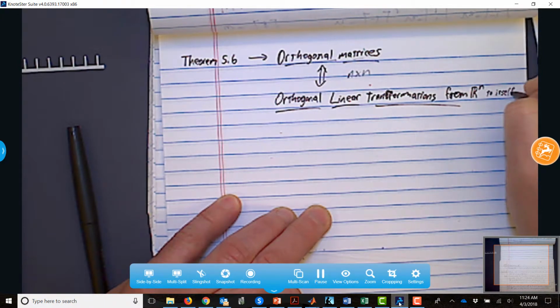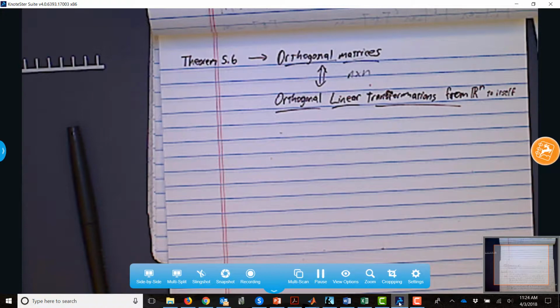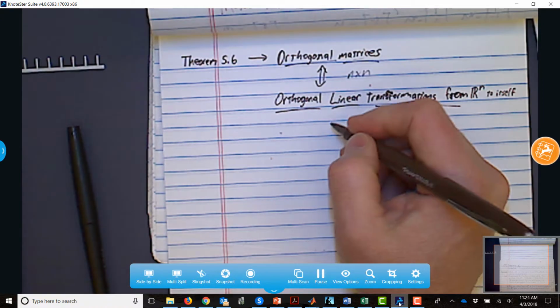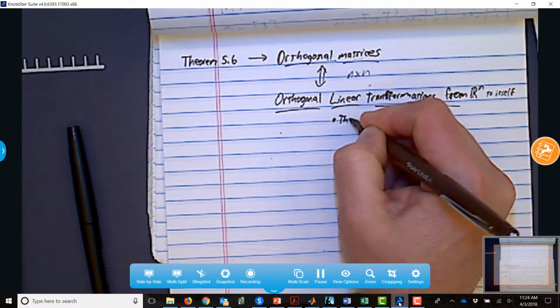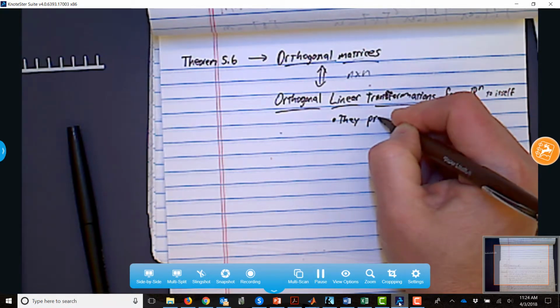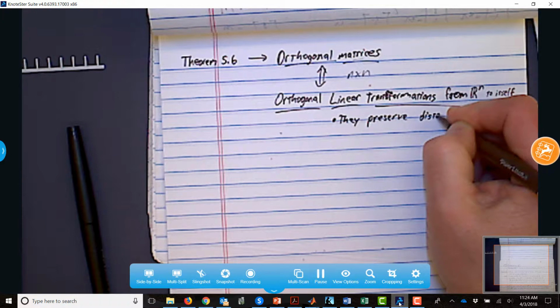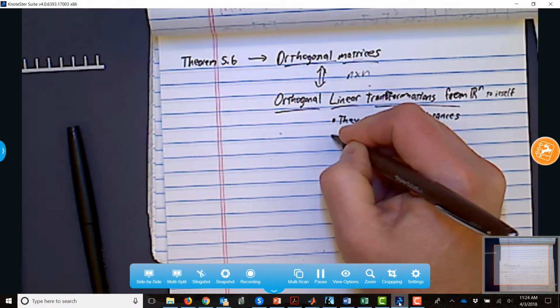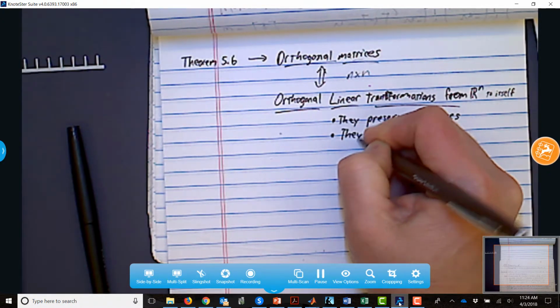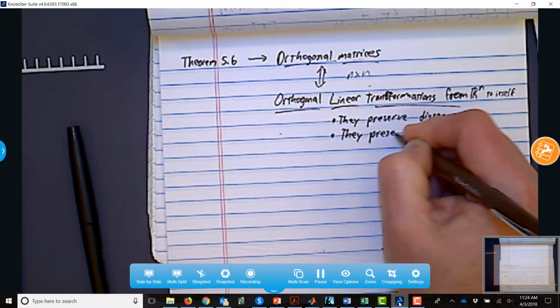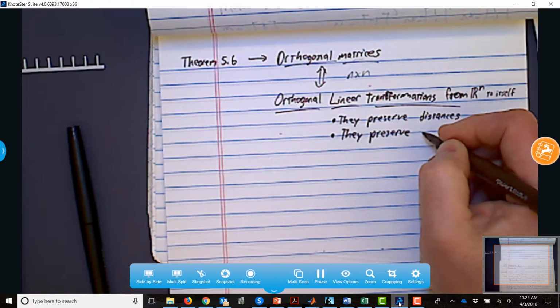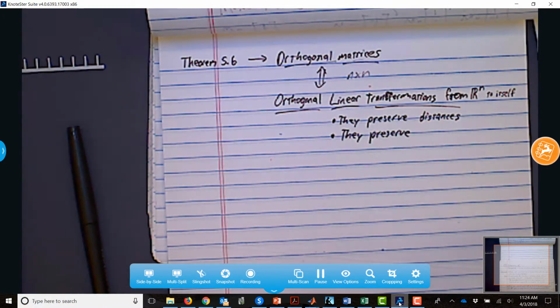What's special about orthogonal linear transformations is this. They preserve distances and they preserve, well, it's interesting.